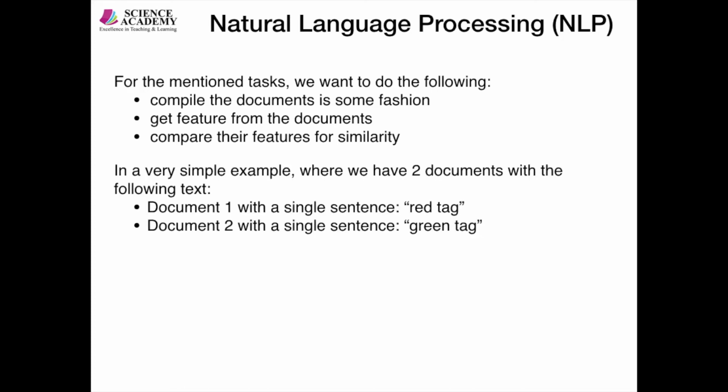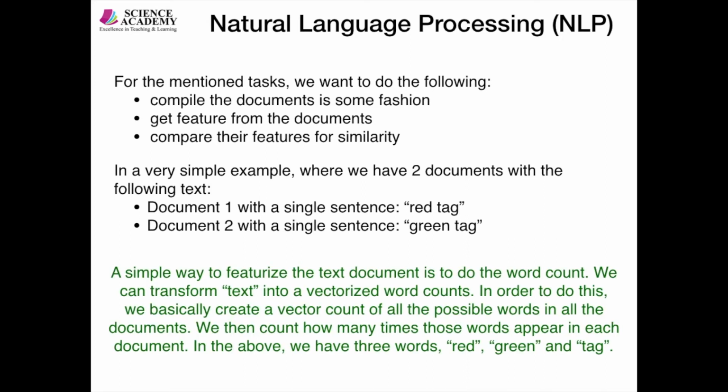In a very simple example, we have two documents with the following text: document 1 with a single sentence, red tag, and document 2 with a single sentence, green tag. A simple way to featurize the text document is to do the word count.